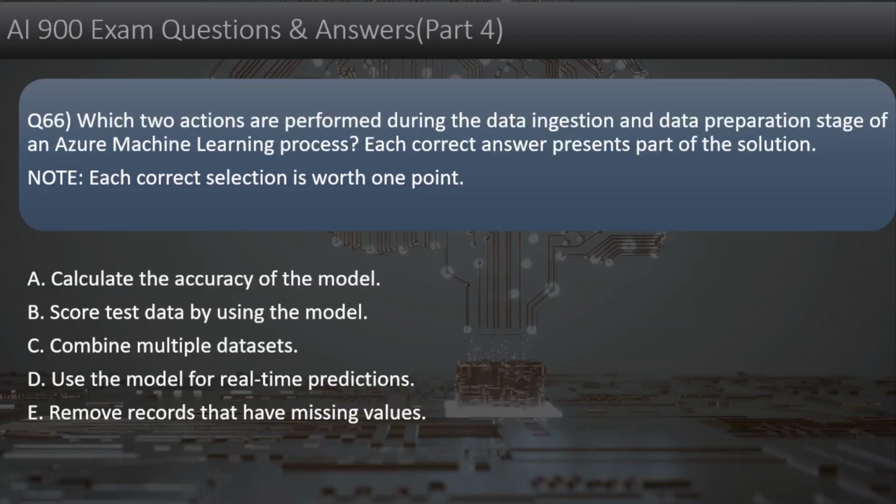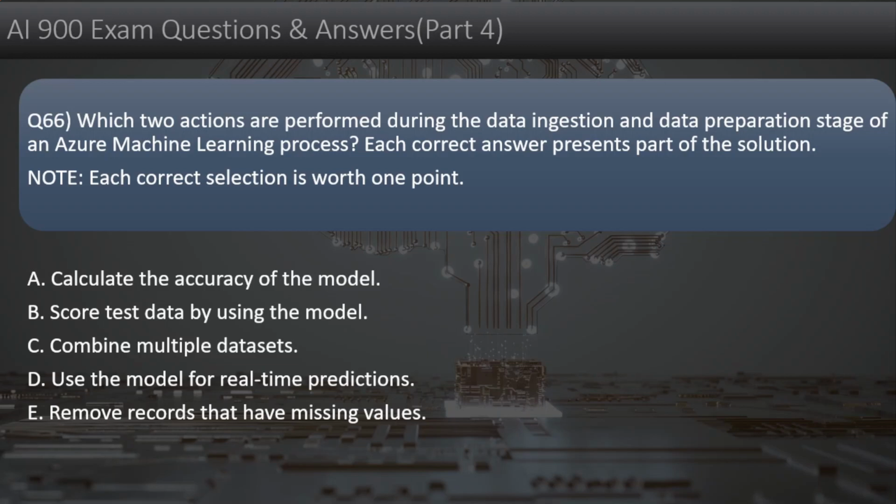Question 66. Which two actions are performed during the data ingestion and data preparation stage of an Azure machine learning process? Each correct answer presents part of the solution. Option A. Calculate the accuracy of the model. Option B. Score test data by using the model.